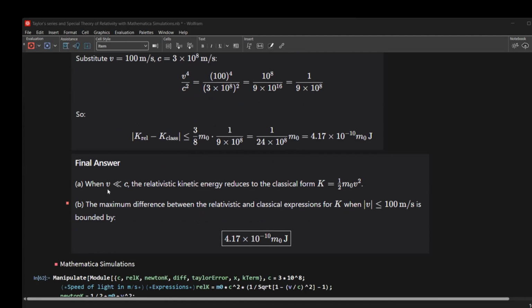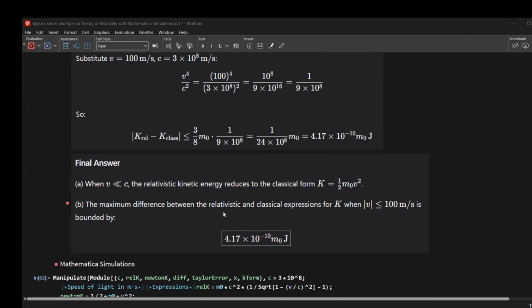For our summary, when the speed of the moving object is much, much less than c, the speed of light, the relativistic kinetic energy reduces to the classical form, K equals one half of the rest mass m sub 0 times the square of the speed of the moving object.